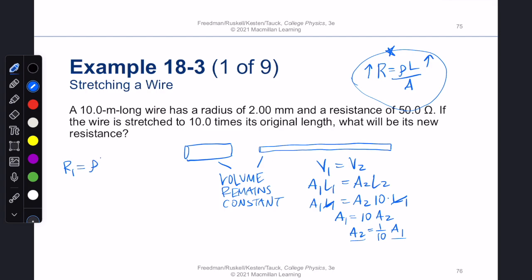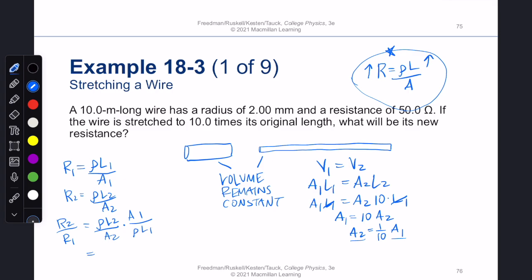So the resistance of the first wire is rho L1 over A1. And the resistance of the second wire is rho L2 over A2. And if we take a look at the ratio of R2 to R1, we're basically going to plug in all of our values. Rho L2 over A2 times, I'm multiplying by the reciprocal here, A1 over rho L1.